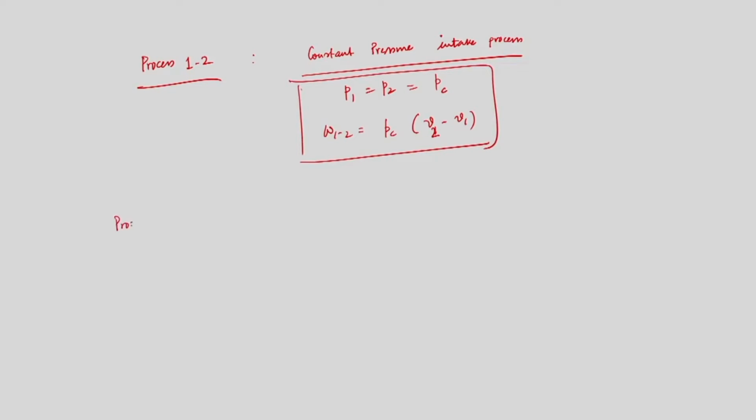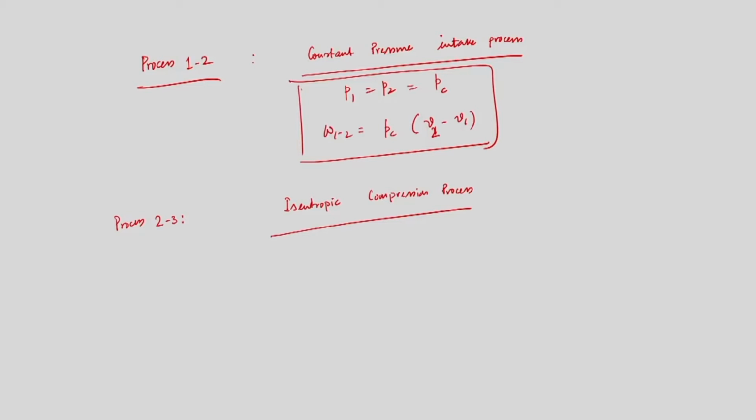Similarly, if we go to process 2 to 3, what is the process? Process 2 to 3 is isentropic compression, a very important process.